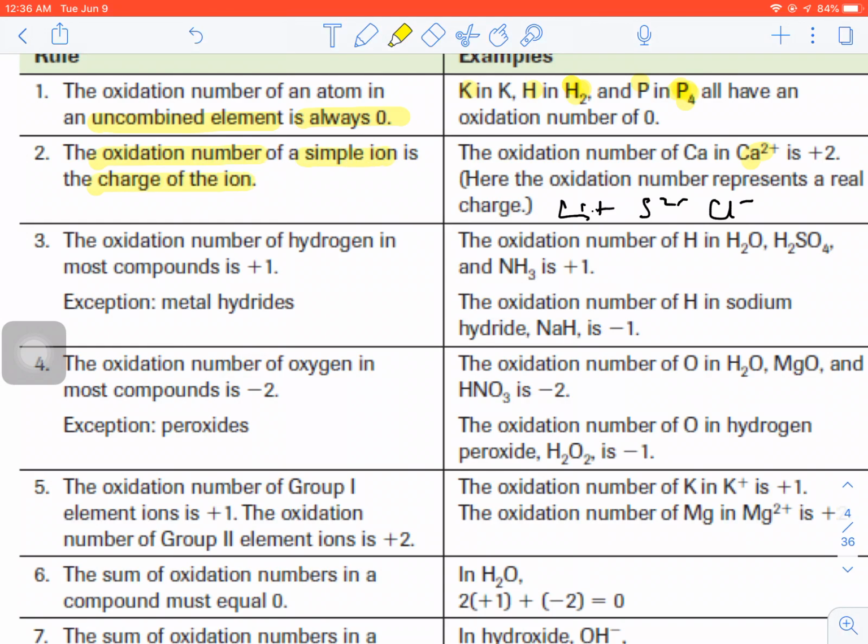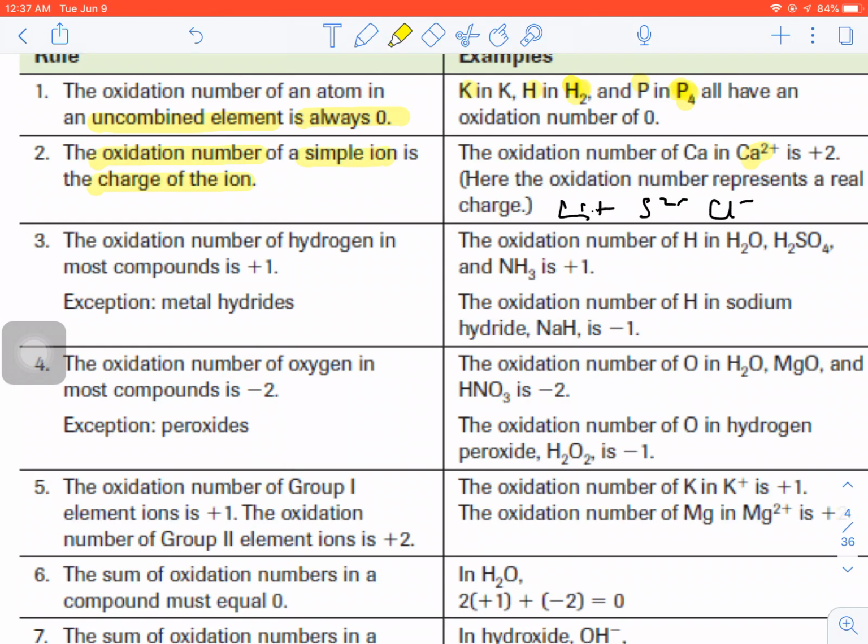So easy. Calcium 2+, its oxidation number is +2. Lithium 1+, its oxidation number is +1. Sulfide 2-, its oxidation number is -2. Chloride 1-, its oxidation number is -1.